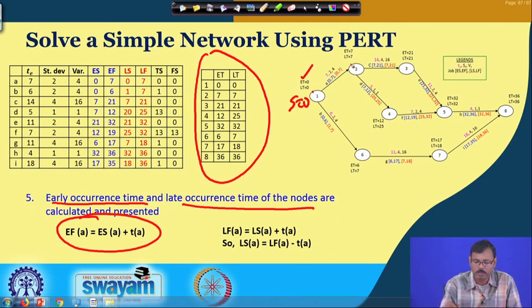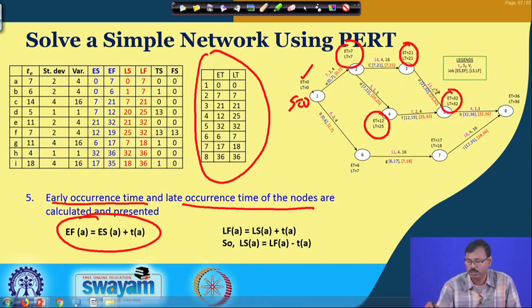We have determined the early occurrence time of each of these nodes, and finally we have come out with ET equal to 36 for the final node. That means the project can be completed by only the 36th hour. So, that is the requirement.